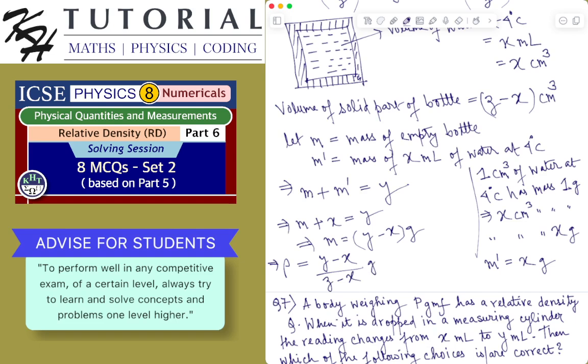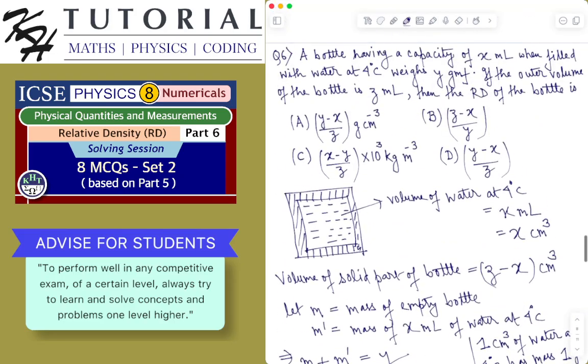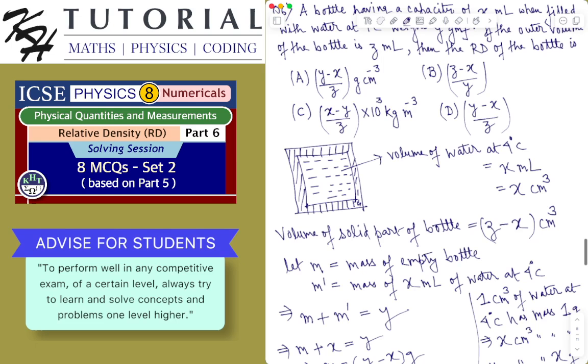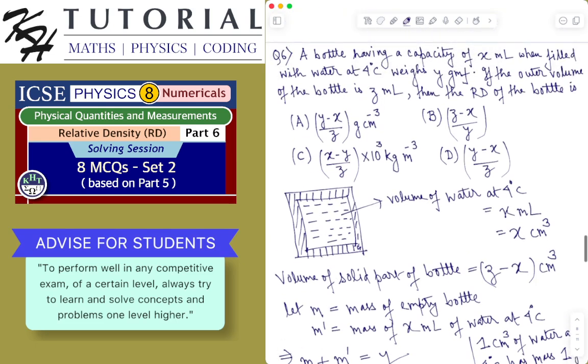This much gram per centimeter cube should be the density of the bottle. Obviously, this will imply that the relative density of the bottle should be y minus x divided by z minus x. So the answer should be y minus x divided by z minus x. What is z?